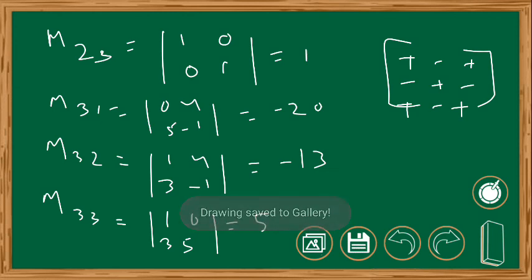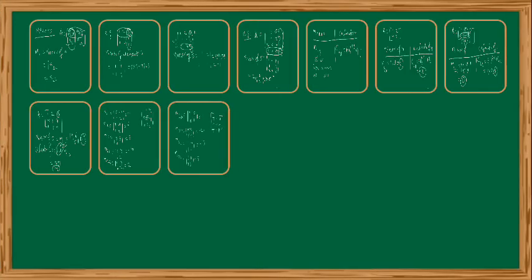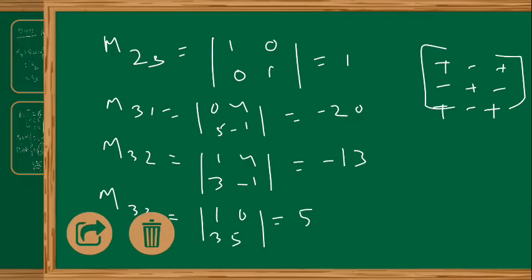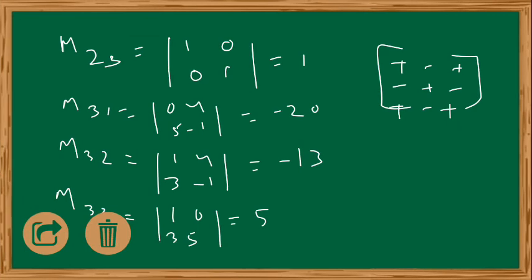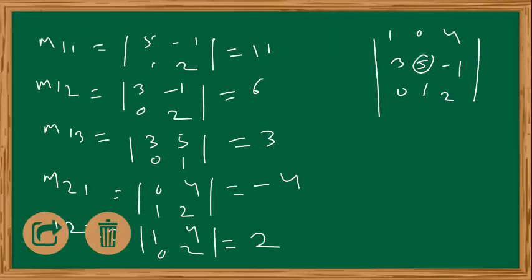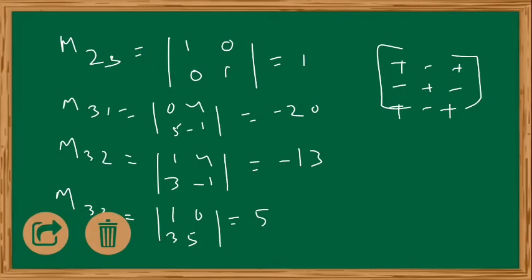Before starting, let me show you what our elements were. M11 is 11, M12 is 6 and M13 is 3; then minus 4, 2 and 1; then minus 20, minus 13 and 5.